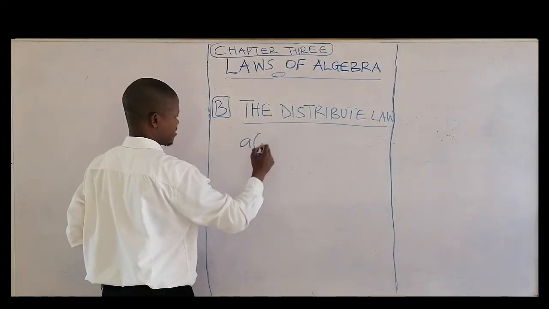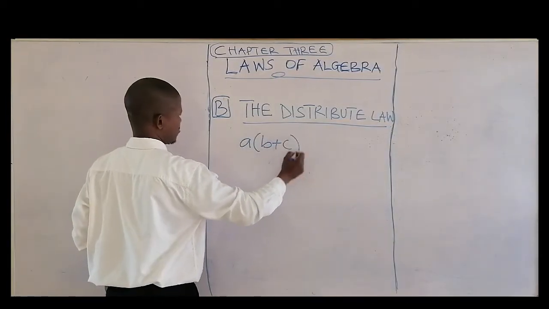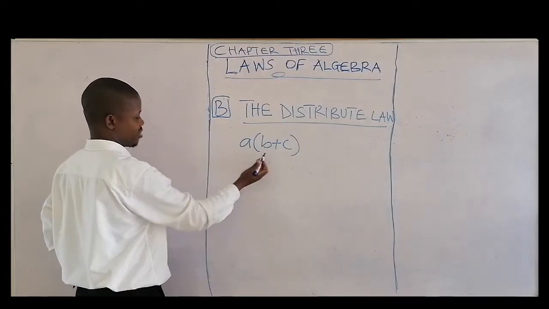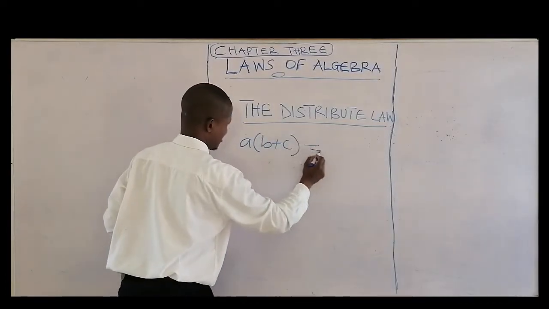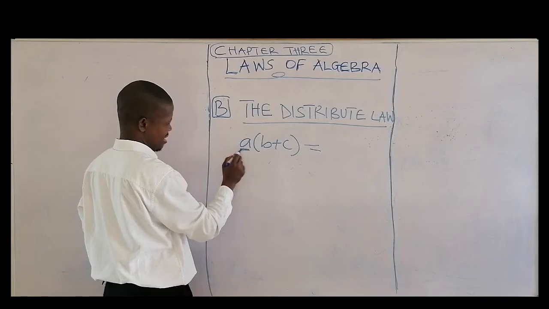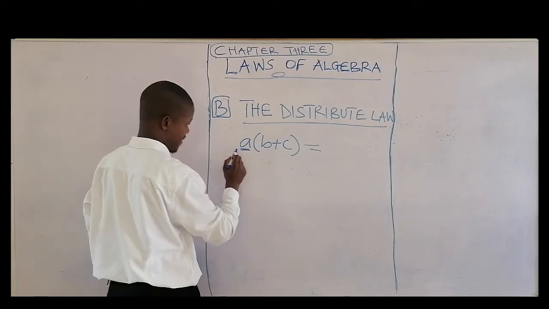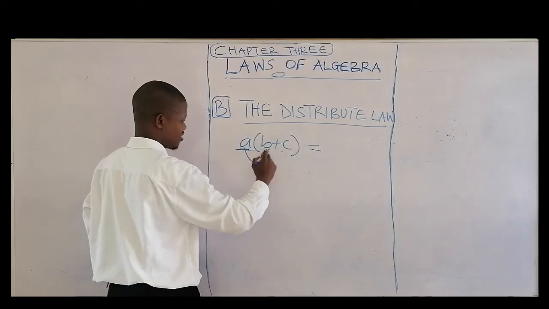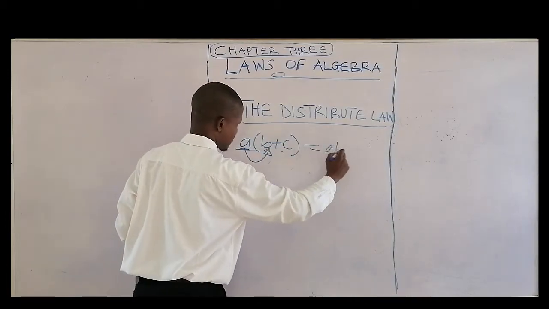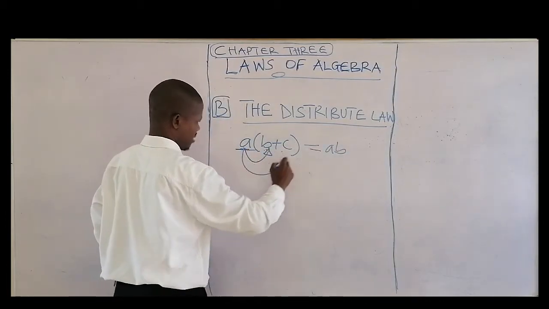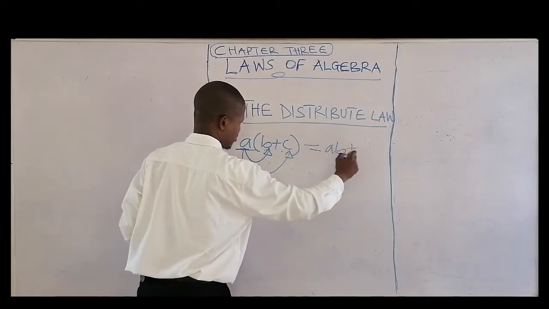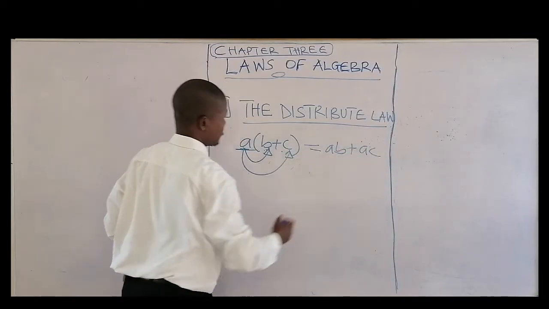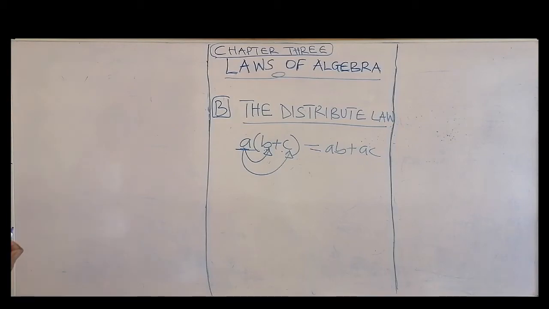Let's say you have this expression. This A is going to affect the content of the brackets. That will be A times this one, that will be AB, and then A also times this one, plus AC. That is the meaning of distributive law.